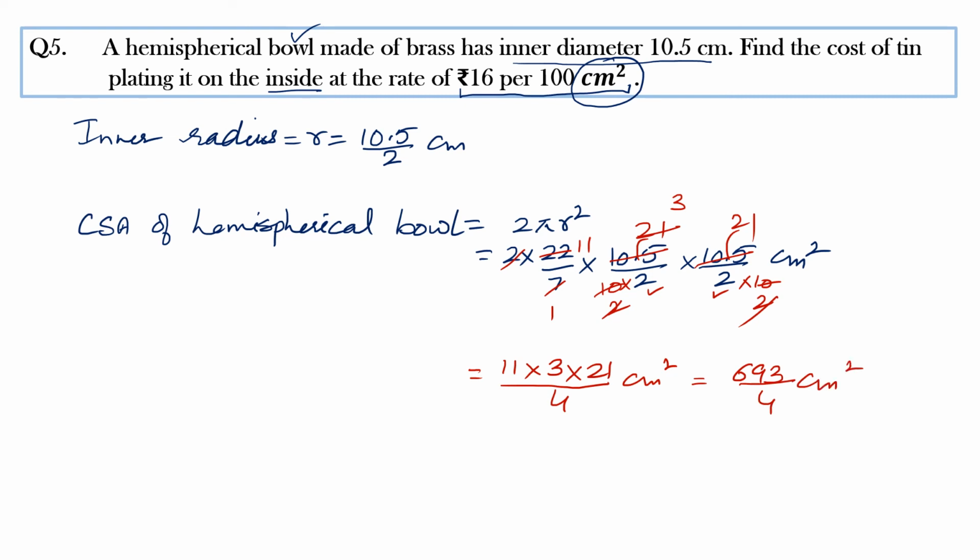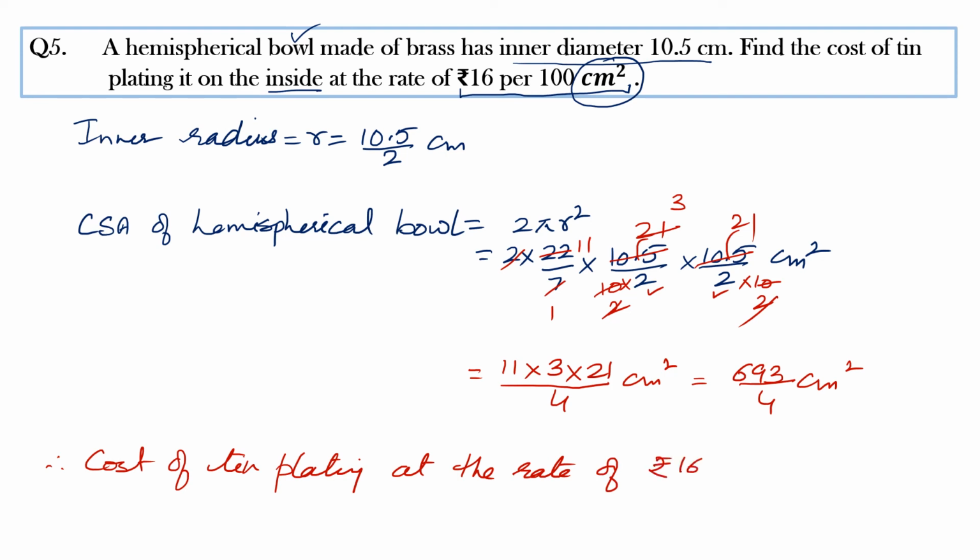Now let's find the cost. So therefore, cost of tin plating at the rate of rupees 16 per 100 centimeter square is equals to rupees 16 multiplied by 693 by 4. अब ये cancel हो जाएगा, 4 4s are 16, so rupees on multiplying 693 by 4, okay, by 100 भी है, so यहाँ पे 100 भी आएगा.